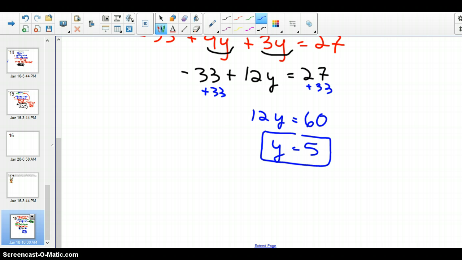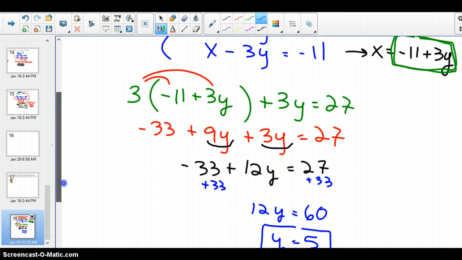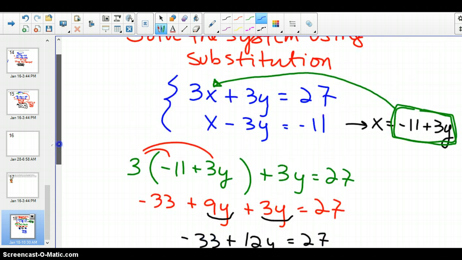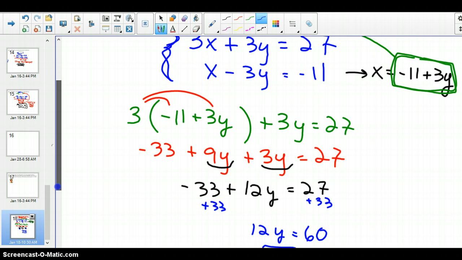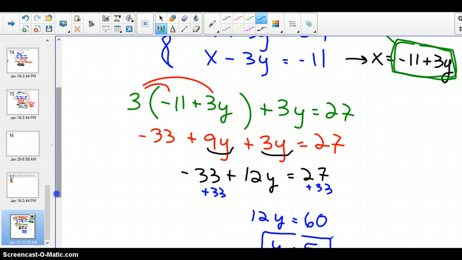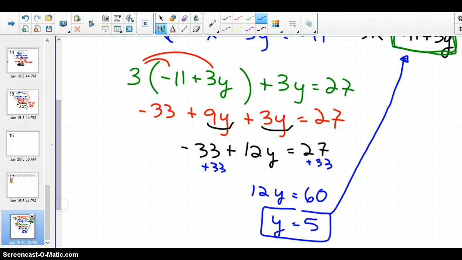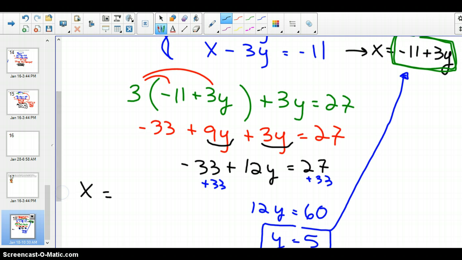Once you have solved for one of the variables, you can plug it back into either of these two top equations in blue, or an easier way is to plug it back up in here. You already have an equation solved for x. So x is equal to negative 11 plus 3y.